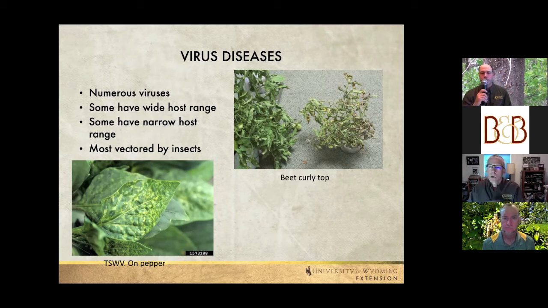Right. We always recommend in gardens to reduce the weeds around your garden because weeds can serve as alternate hosts for a lot of these diseases. I always tell growers, yes, you can do crop rotation to try to get rid of some of these diseases, but if you don't control the weeds in your following crop, that disease can persist in the weed.